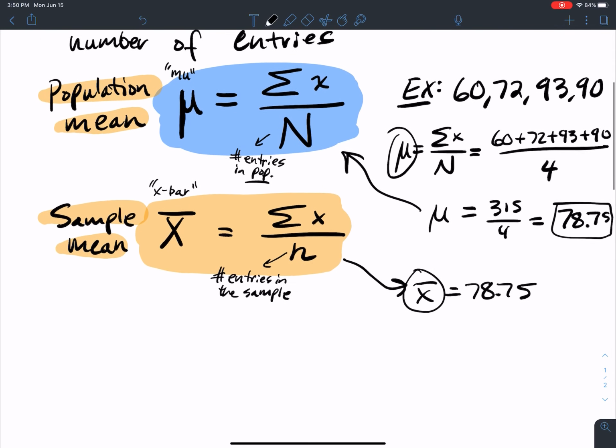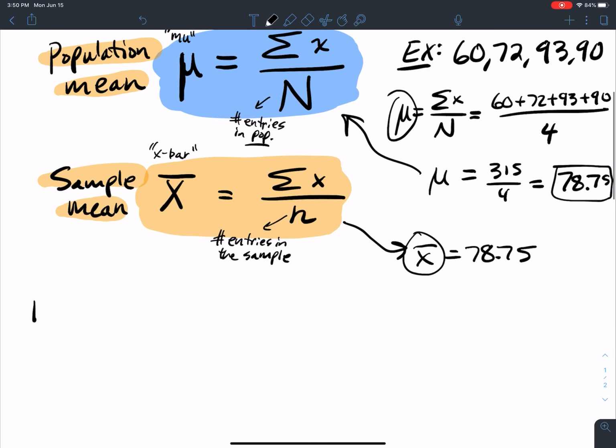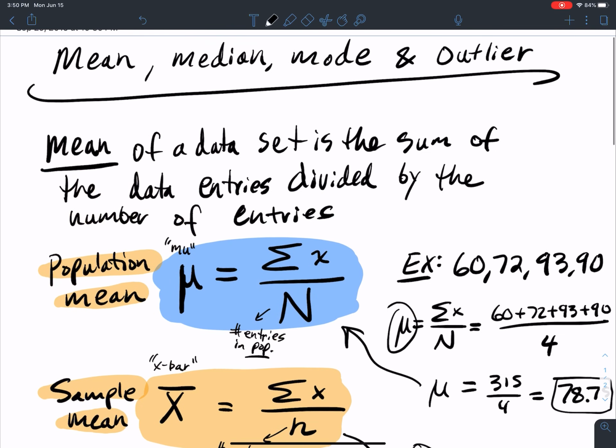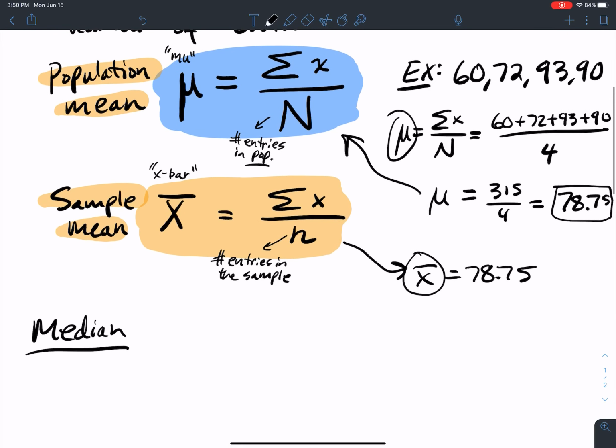All right, let's talk about the median. The median, okay, and by the way, the mean always exists. We can always get a mean. If you give me a list of numbers, I can find an average. The median always exists too.